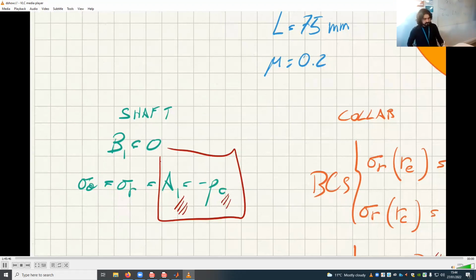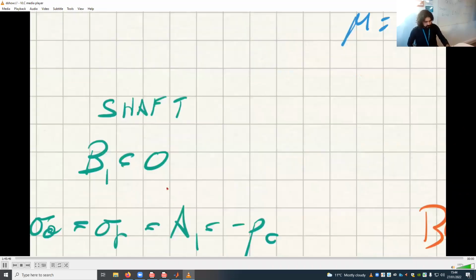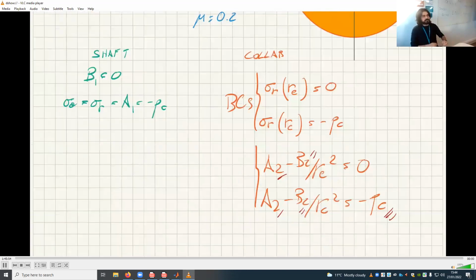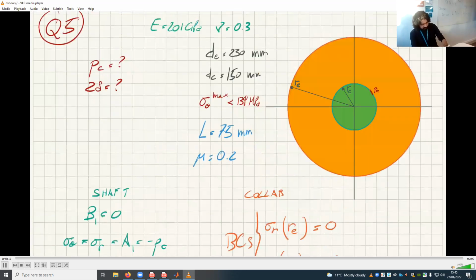So let's not add this one because it doesn't give us more information. Yes, it adds one equation, but it adds one unknown. So what's missing? Come on, guys, we don't have much time. 15 minutes left. What's missing is this equation here.